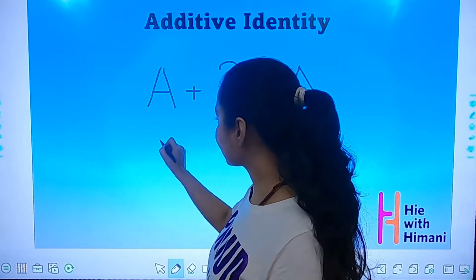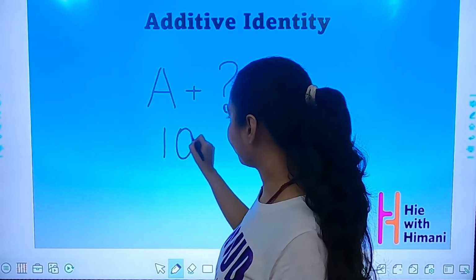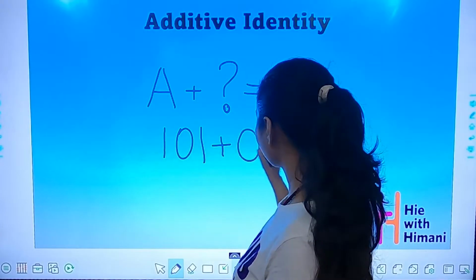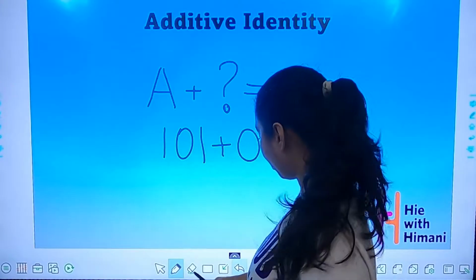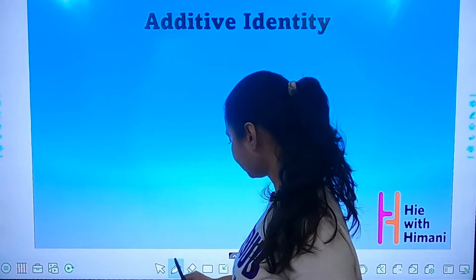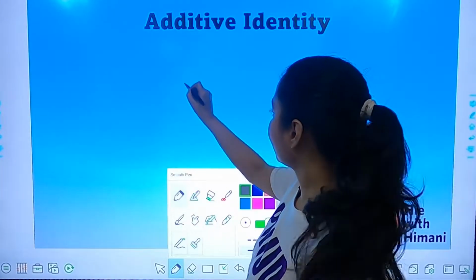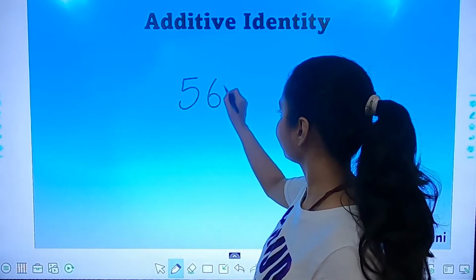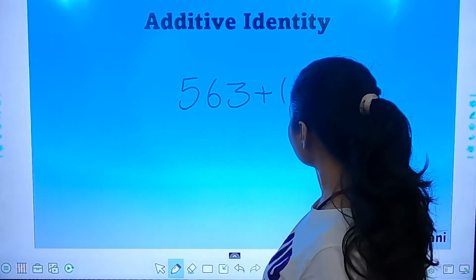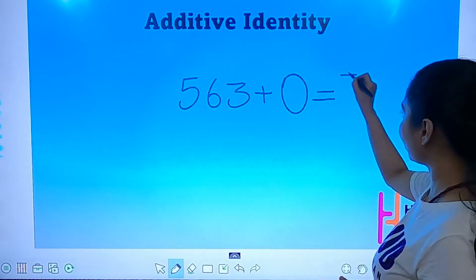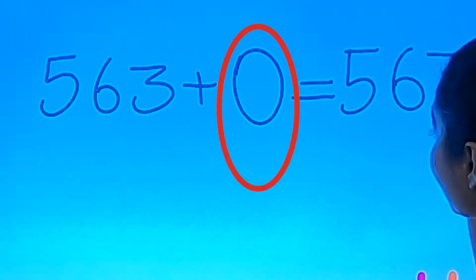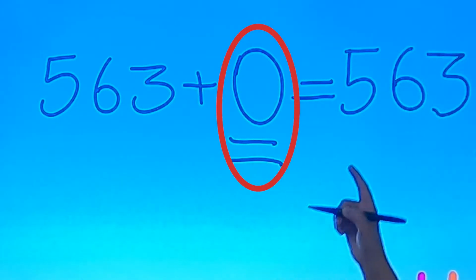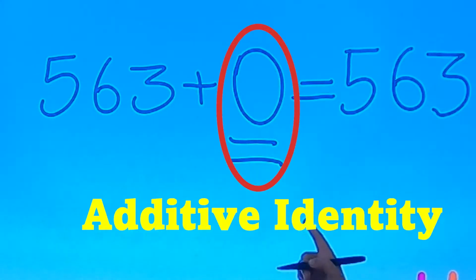Like if there is this number 101 and 0 is added to it, still the value remains the same. Or we can take different numbers, 563. If 0 is added to it, still the value is 563. So this 0 over here is the additive identity of the number.